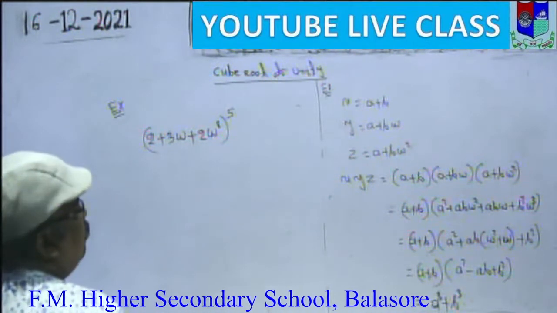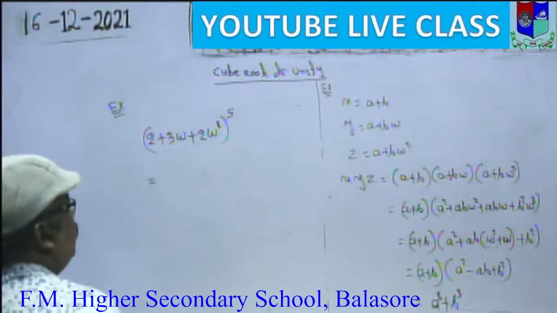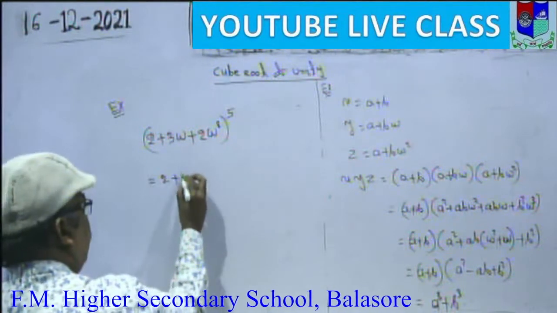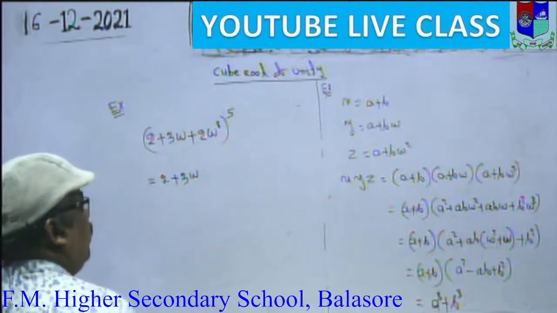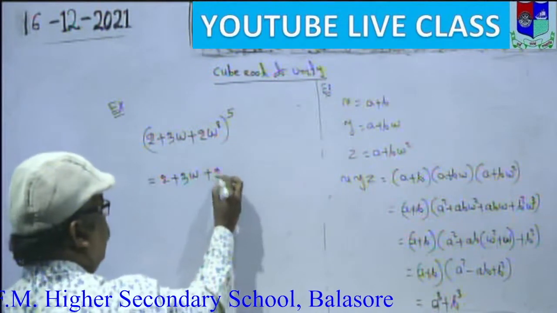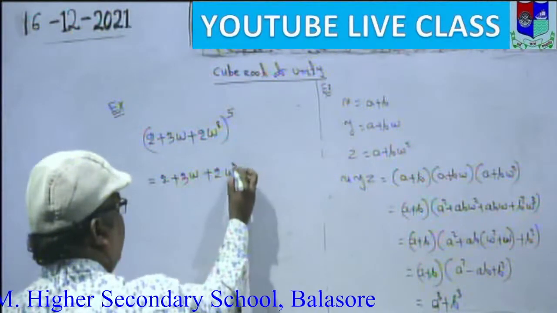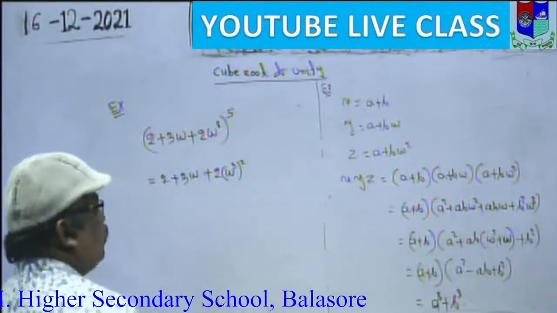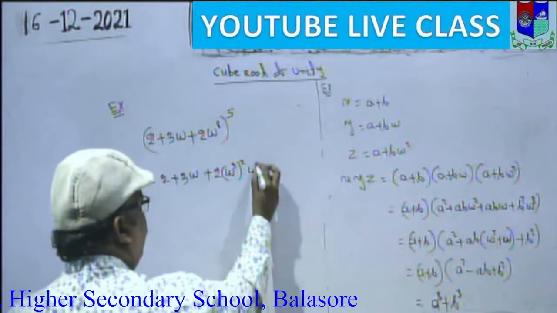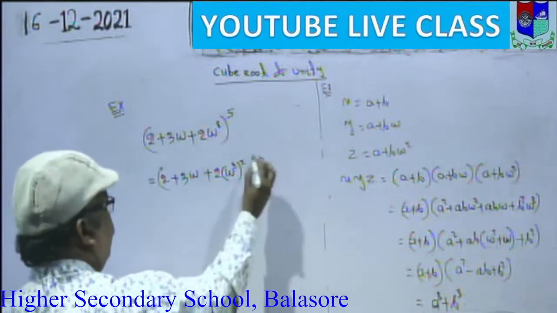What will be its result? So now this 2 plus 3 omega plus 2. What will be omega to the power 8? One can write omega cube square, again omega square, whole to the power 5.